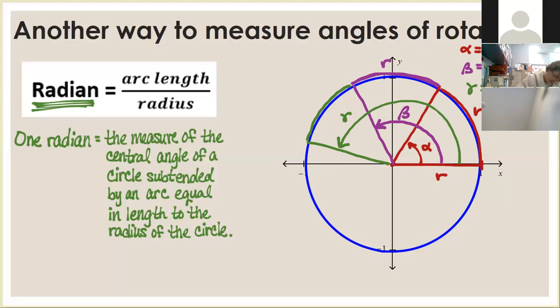And notice we have just this little bit extra here. This little bit right here is 0.14159 on and on. So if I start on the initial side, this is 0 radians here.